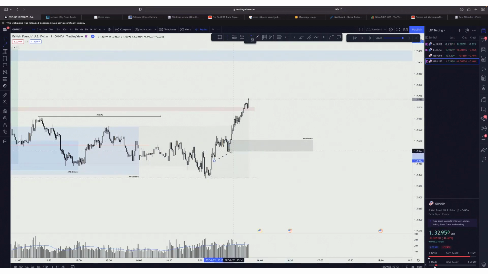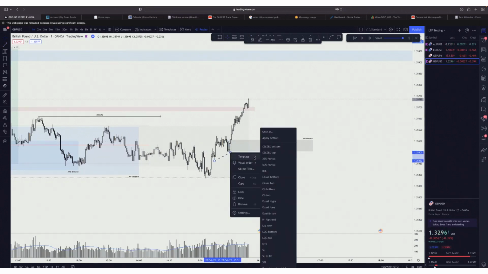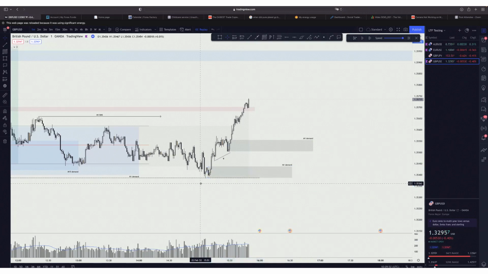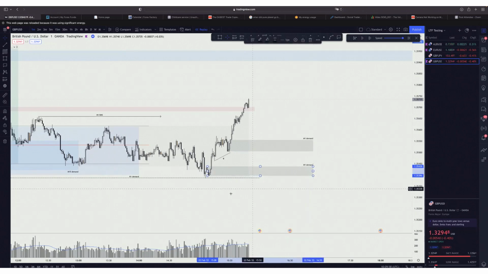So we've got some sort of liquidity there. We've got another demand area there. So I'd personally be looking for an entry there.